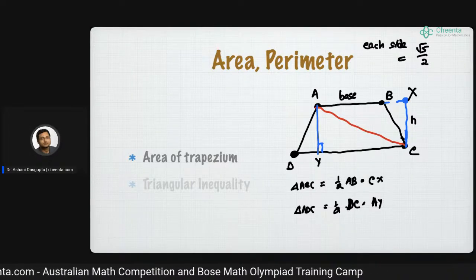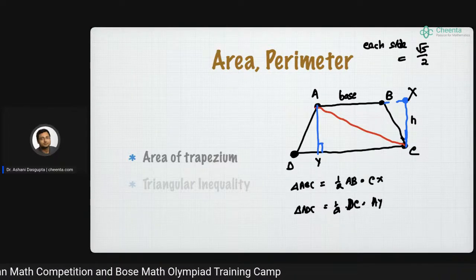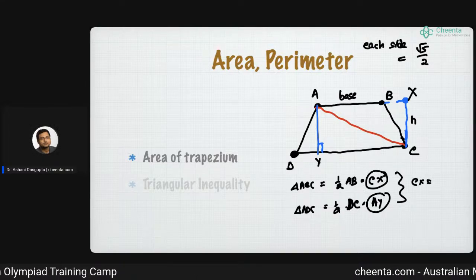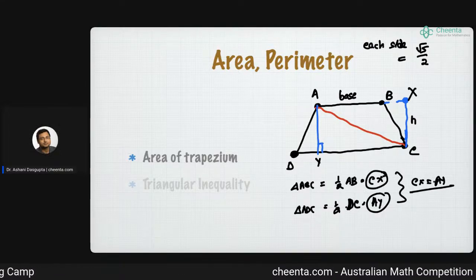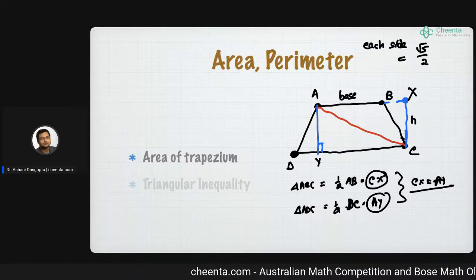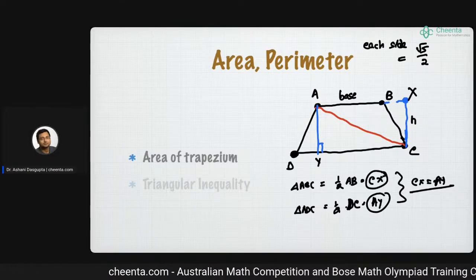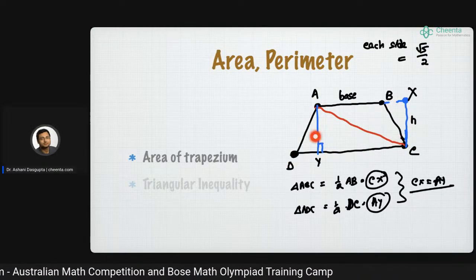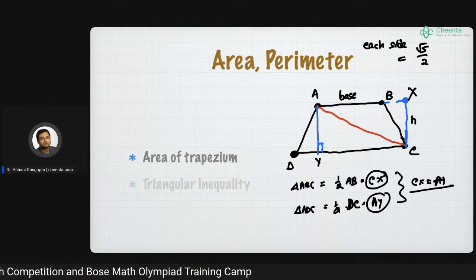So there's something nice about this thing, because CX and AY are equal. You can check that. CX is equal to AY. That is true. Why is that true? Because AB and CD are parallel lines, right? So the distance between parallel lines is equal wherever you measure it.